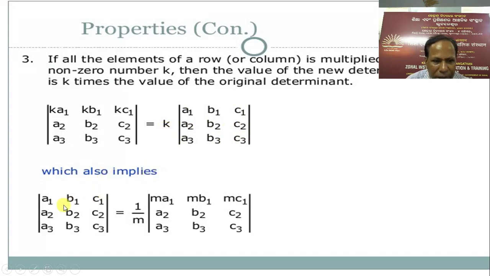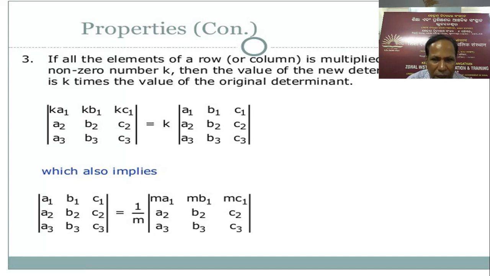So the determinant is 1 by m times the determinant obtained by multiplying all the elements of the first row by m. Or we can say it is 1 by m times the determinant obtained by multiplying all the elements of the second row by m, or all the elements of the third row by m. That means multiplying a determinant by a non-zero constant means multiplying all the elements of a row or of a column by the same non-zero constant.